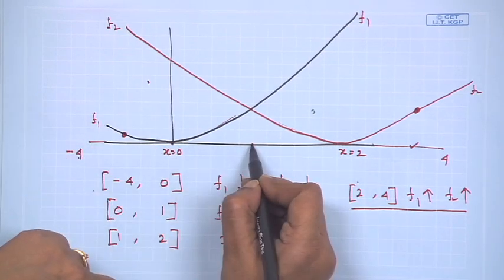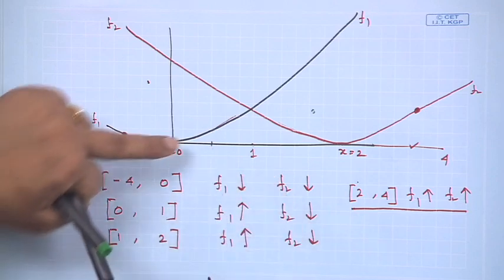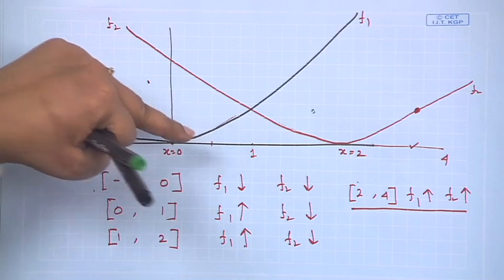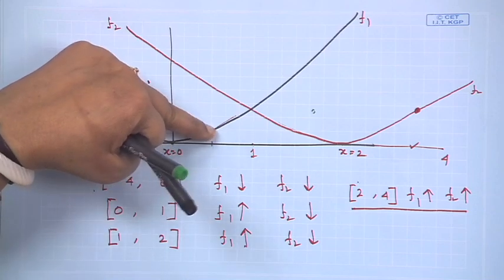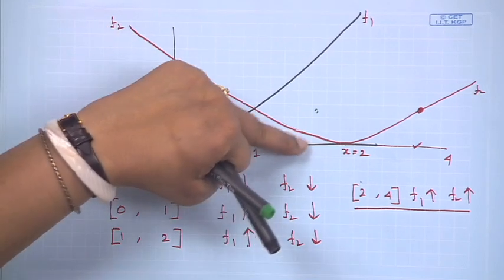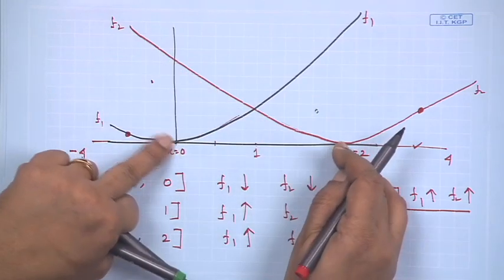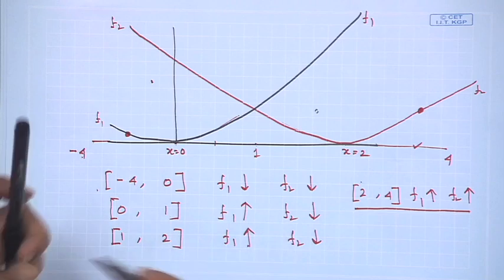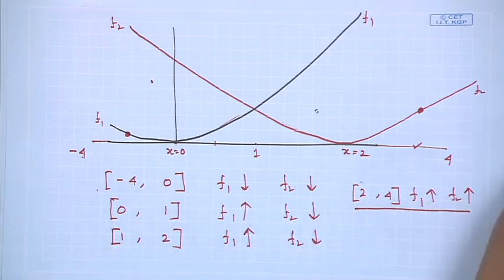If I select this point, then f1 is lower, but f2 is higher. Similarly, here also the same. Within this range I would say that there is a trade-off, because if I prefer f1, then I have to compromise with f2. If I prefer f2, I have to compromise with f1.